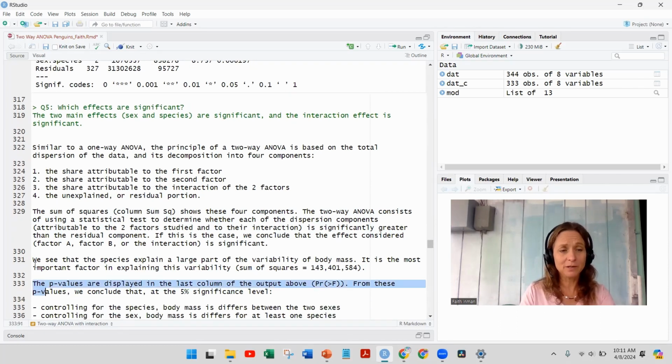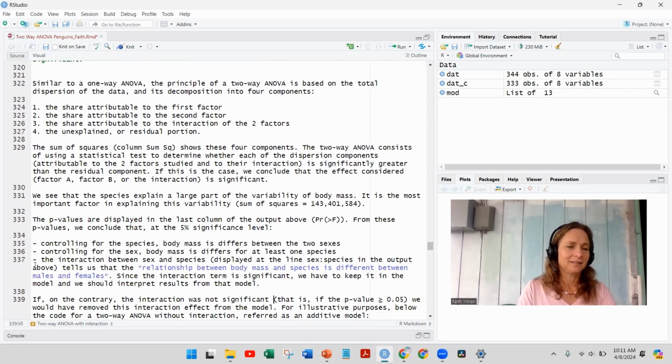From these p-values, we can conclude that at the 5% significance level, controlling for the species, body mass differs between the two sexes. Controlling for the sex, body mass differs for at least one species.